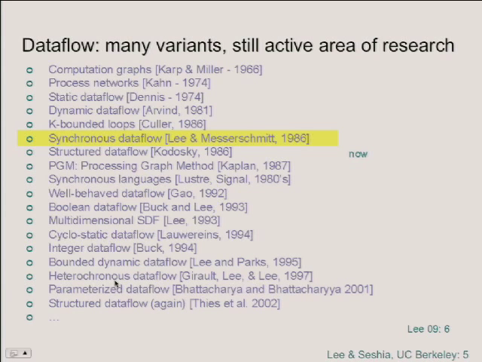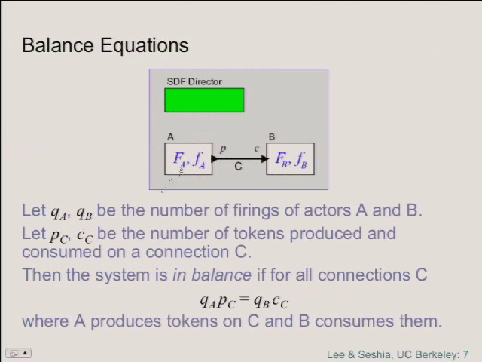What that means is that if you let Q_A be the number of firings of actor A and Q_B be the number of firings of actor B, then you would like Q_A times the production value for actor A to equal Q_B times the consumption value for actor B. Actor B, that's a typo.